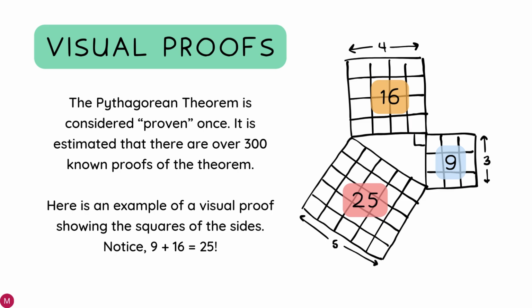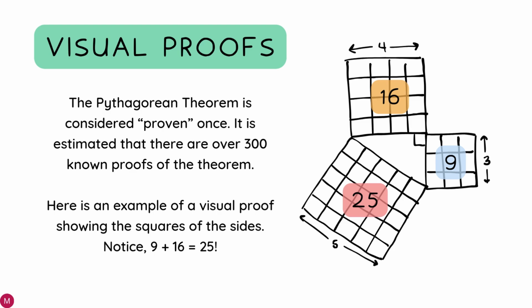The Pythagorean theorem is considered proven once, but due to its fundamental nature in geometry, mathematicians have developed hundreds of different proofs for it over the years, meaning new proofs are occasionally presented, with some estimates stating there are over 300 known proofs of the theorem.